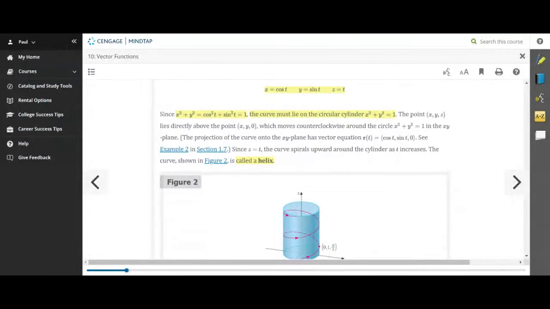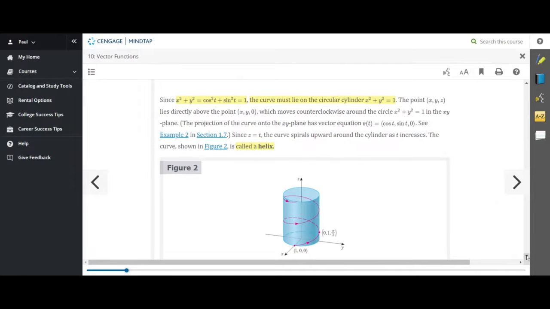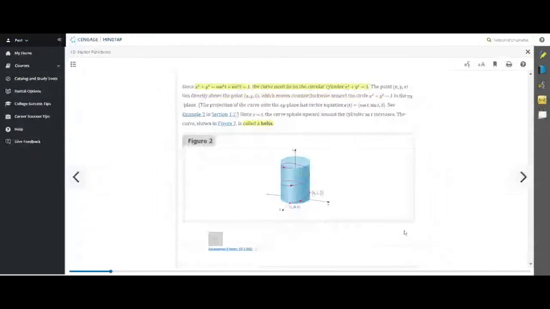This is what gets traced out. I wish I could kind of have it. Let's see here if I can maybe.